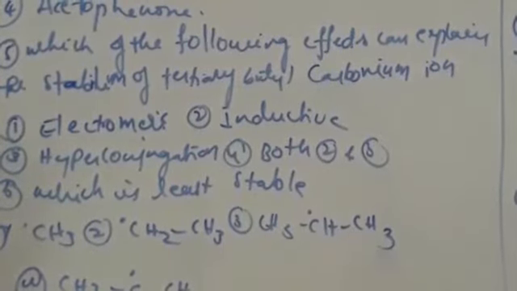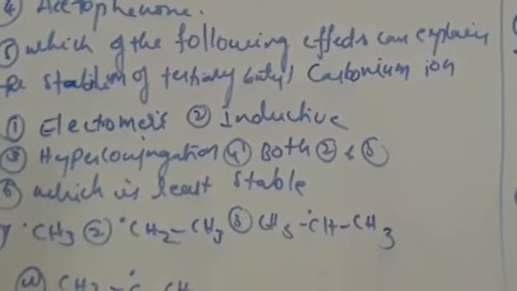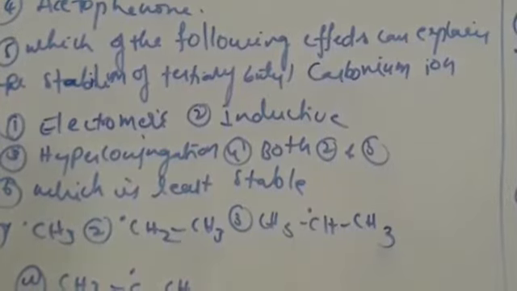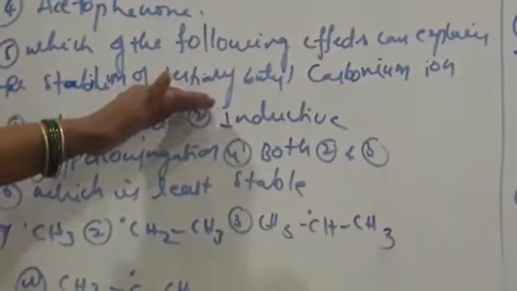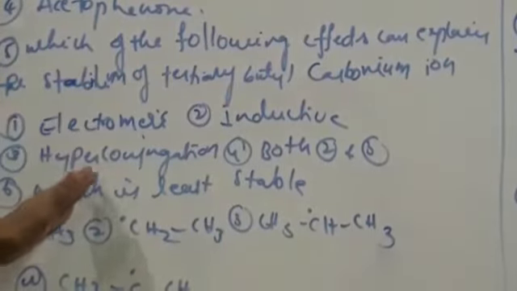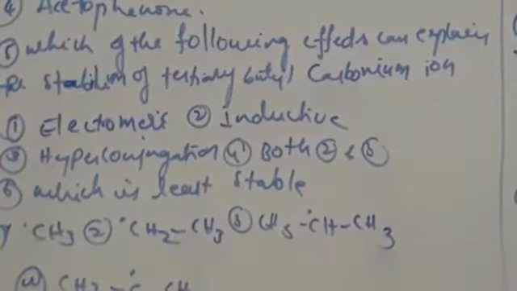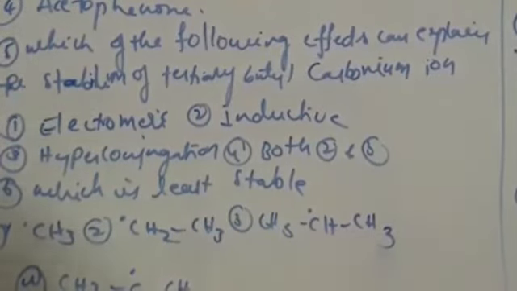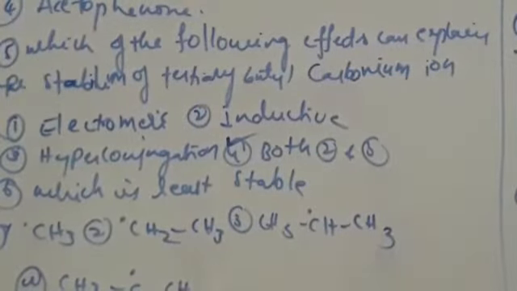And also inductive effect. Tertiary is greater than secondary, secondary is greater than primary, primary is greater than methyl. That is the stability order of carbocation. So both the inductive effect and hyperconjugation explain the stability of carbocation. So both the 2 and 3.